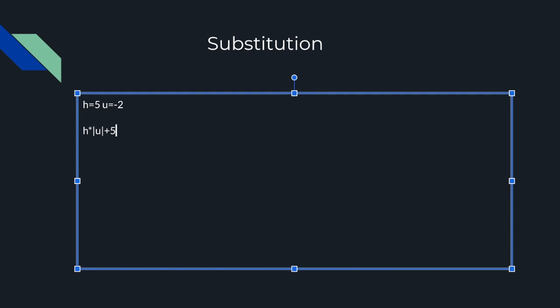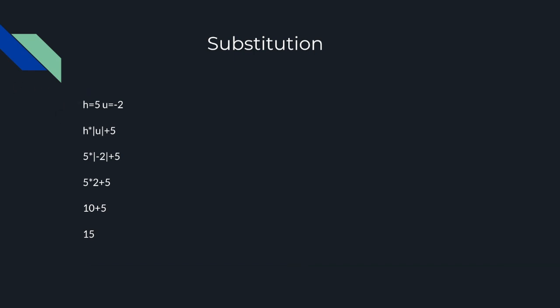So here you see, even these variables can have things that change the equation, like absolute value. So here we can substitute this with -2, and then we have plus 5. So now that gets you to 5 times 2 plus 5, and now you have 10 plus 5, and you get 15. So now I hope you understand substitution.